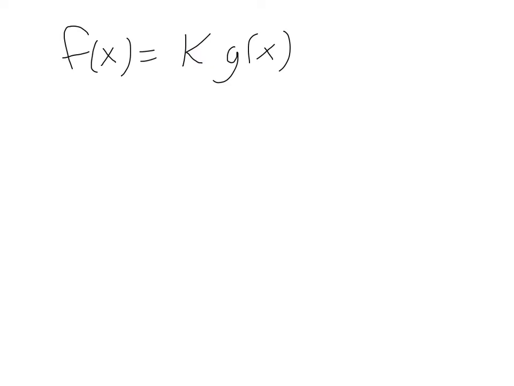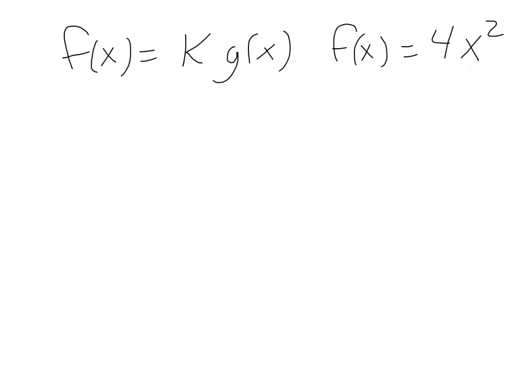And so this could be f of x equals k times g of x. For example, that could mean f of x equals 4x squared. So in our example, this k is 4, and our function g of x is x squared.